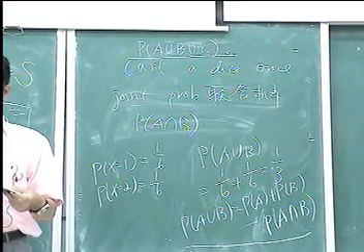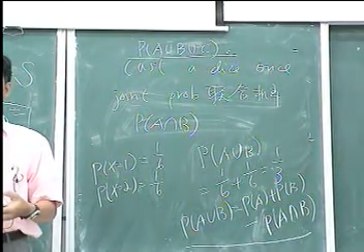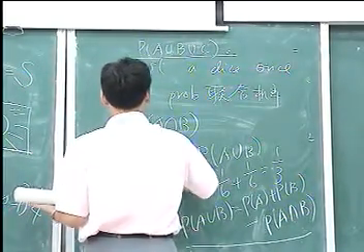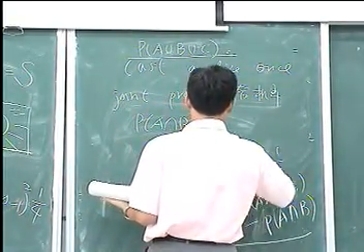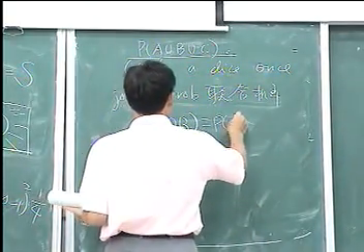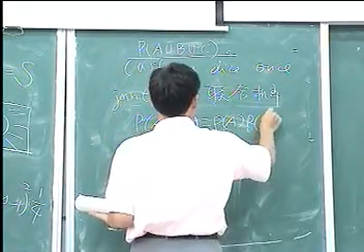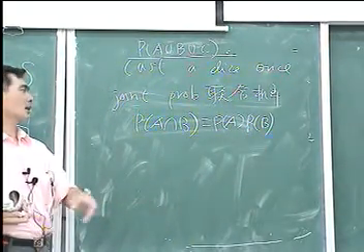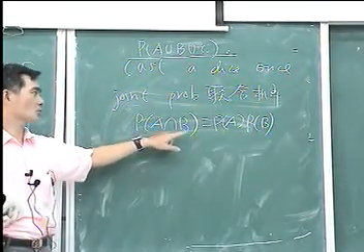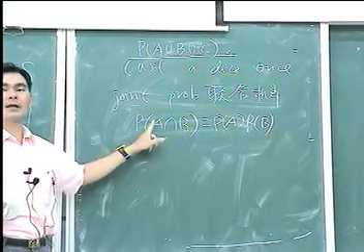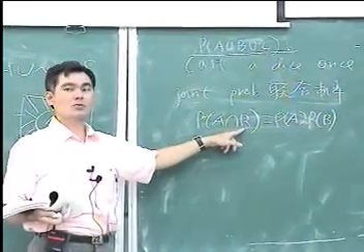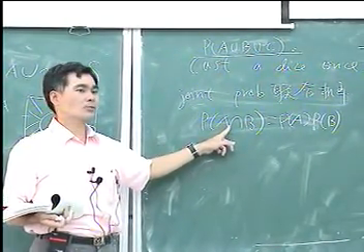But let us say formula 5-5 is set. If this is true, then what's the relationship between A and B?